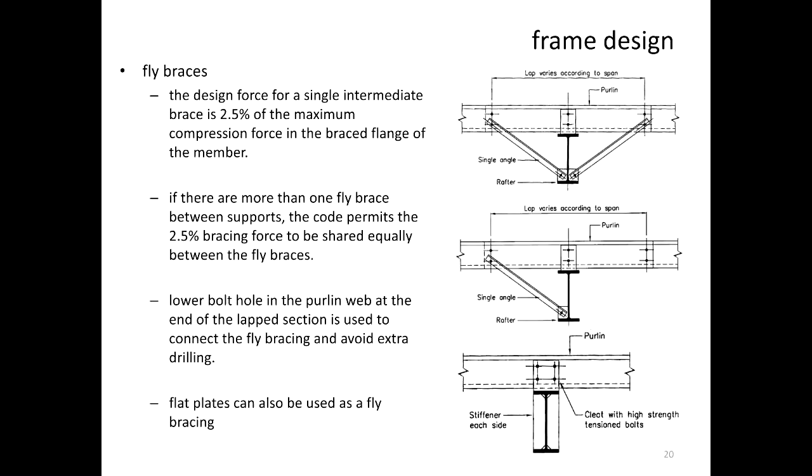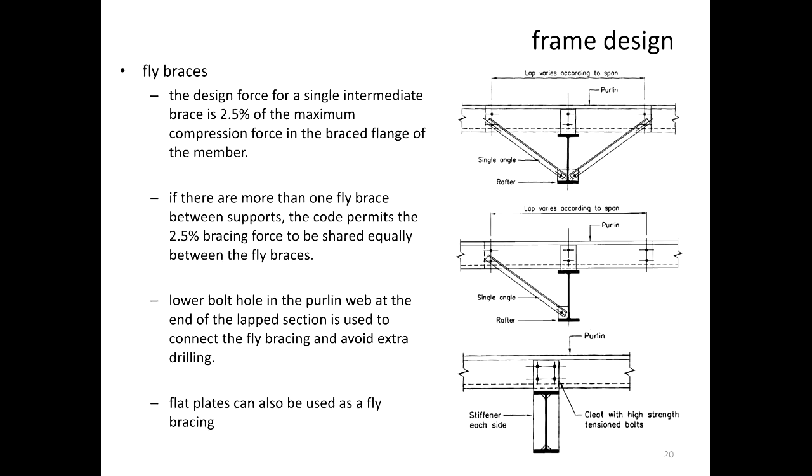Remember, I explained yesterday that you always have to ensure the purlin joint, where it's joined, is over the rafter. The same applies to the girts: where there is a lap between two girts, it always has to be where you have the columns.